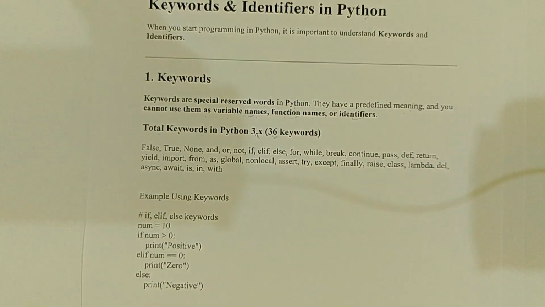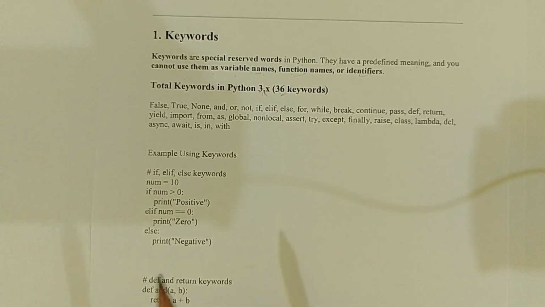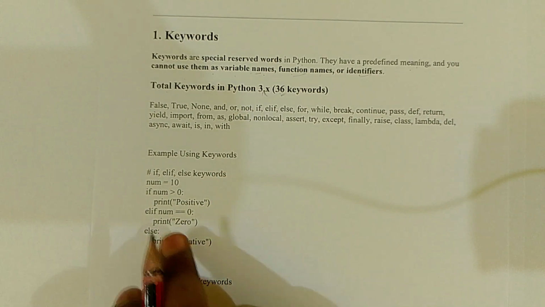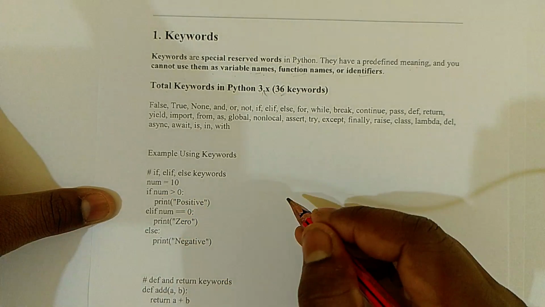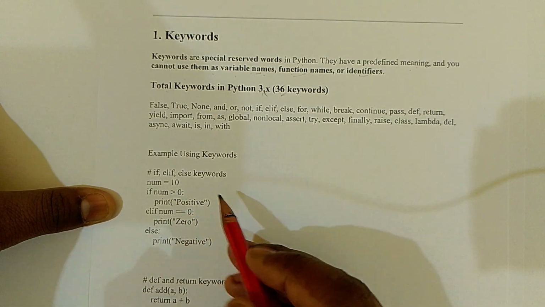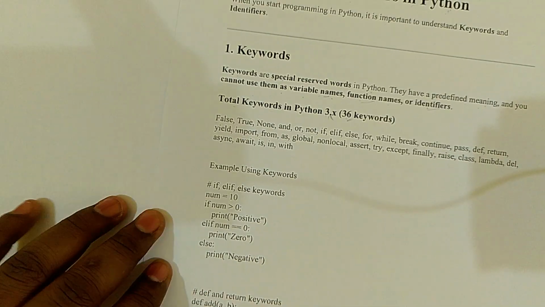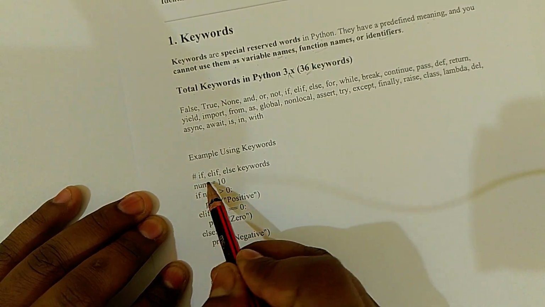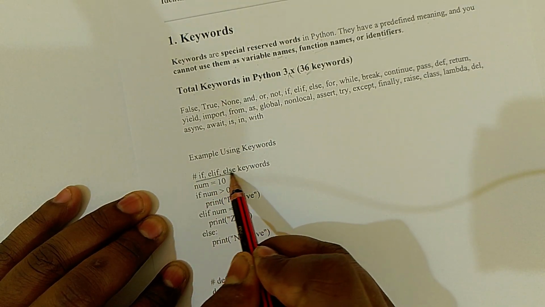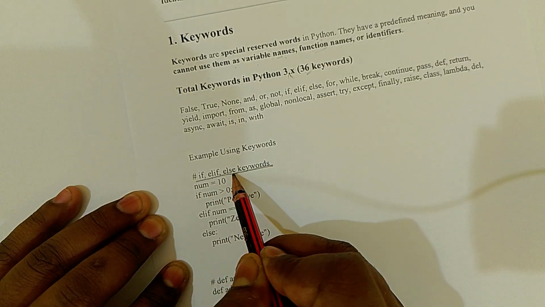Now let's take one example using keywords. I am explaining the code. I have taken this example of if else keywords.